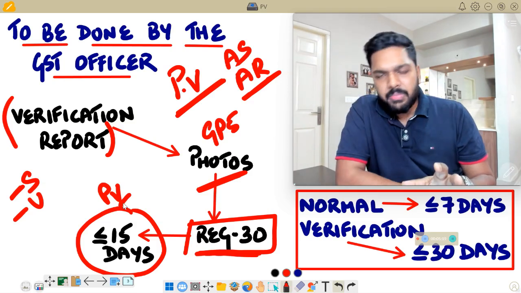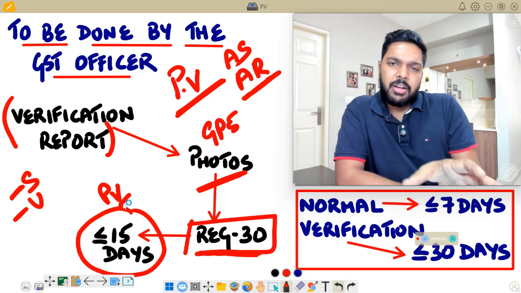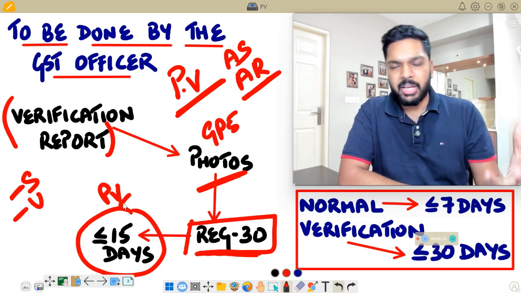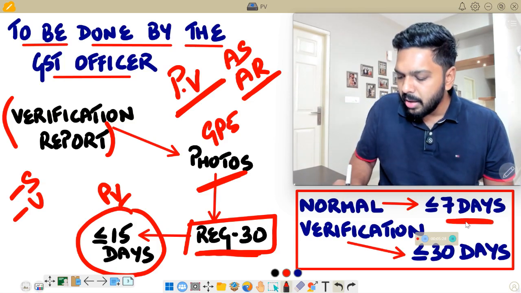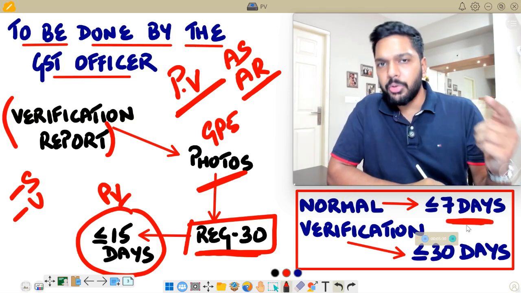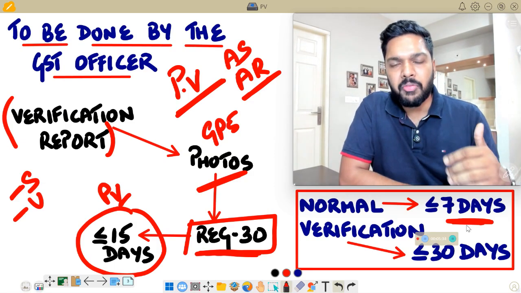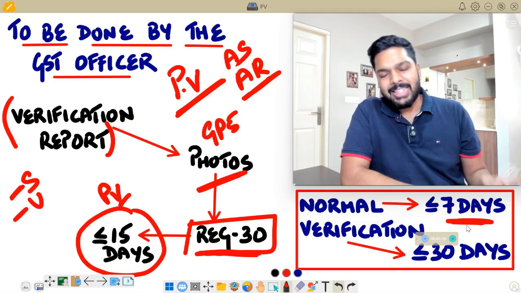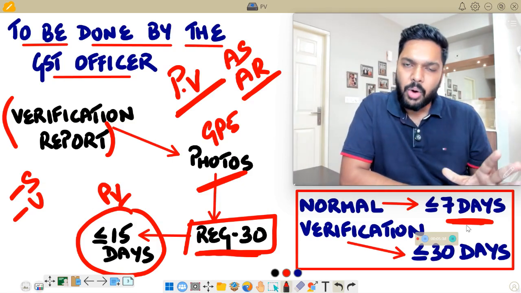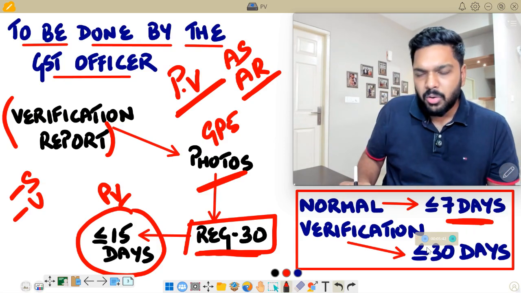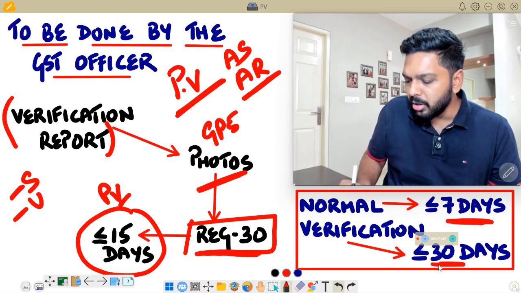So the normal period within which you'll get a final GST registration, final GST number, or your registration application approved is 7 days. But if you fail the Aadhaar authentication, or if you even pass the Aadhaar authentication but your profile becomes risky, or at some point in time the officer requires a verification to be done, normally the registration will only be approved within a period of 30 days.